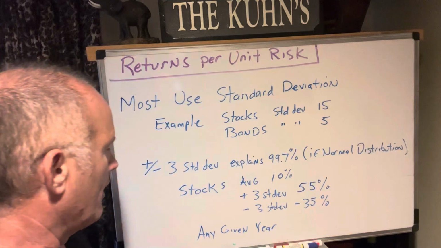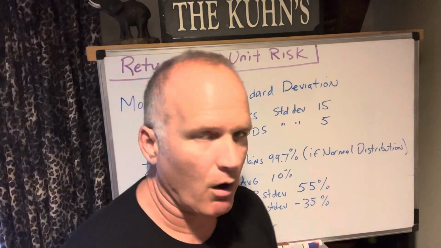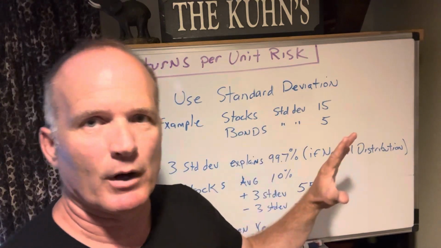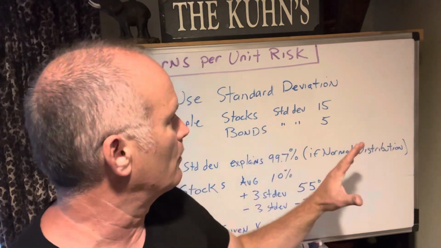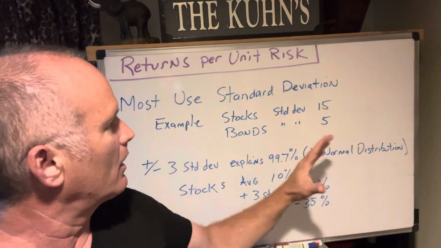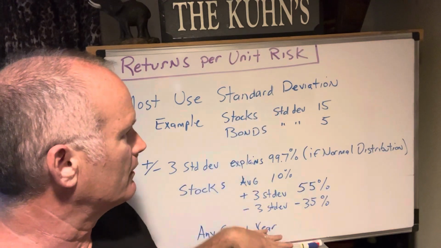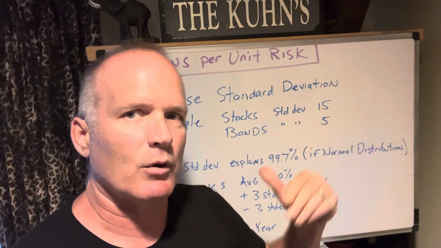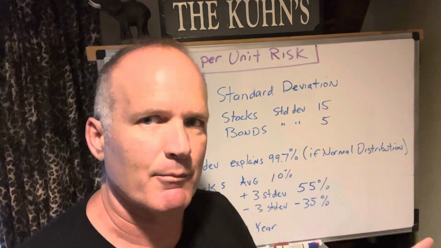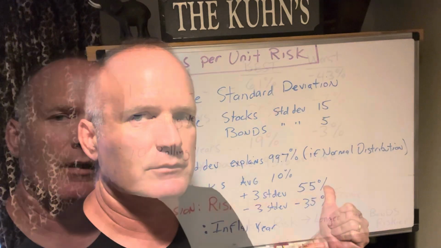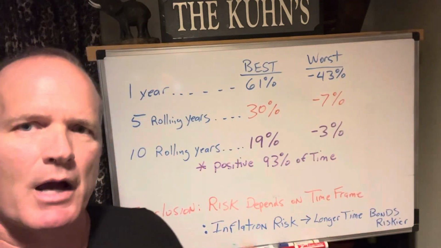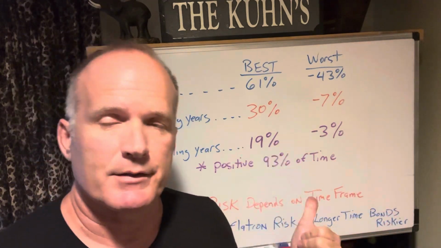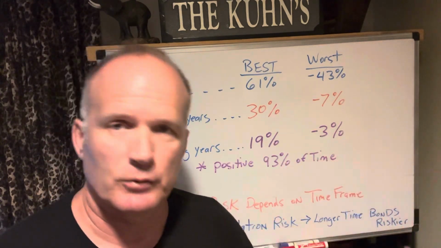So when people are talking about risk, 9 times out of 10, when I'm reading an article or listening to a YouTube video, they're talking about standard deviation. Yes, I agree with this, but I'm going to talk about how time changes this. In the show notes, I'm going to show a link to a document that shows where I got this data from, so you can look at charts and read the article, okay?